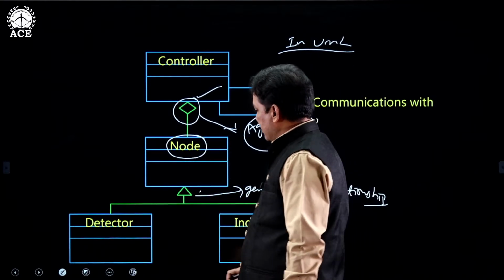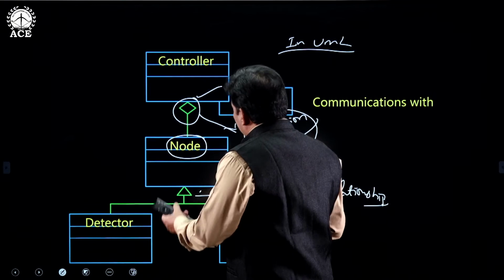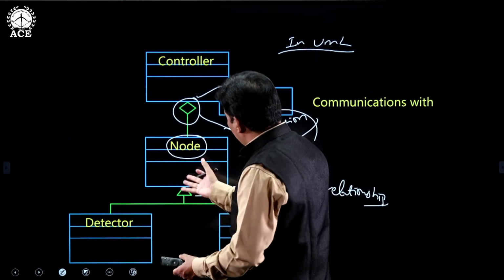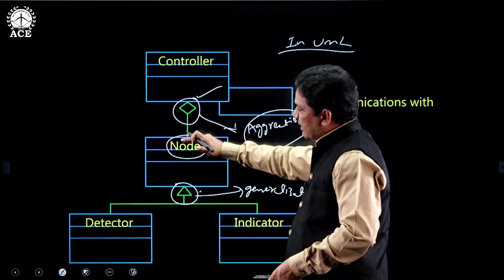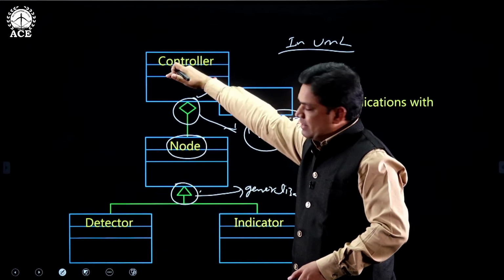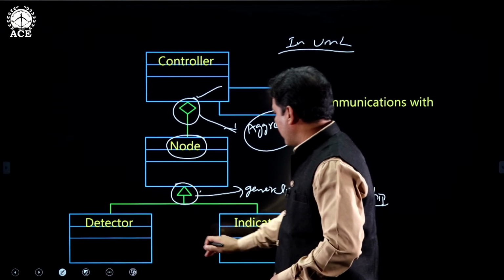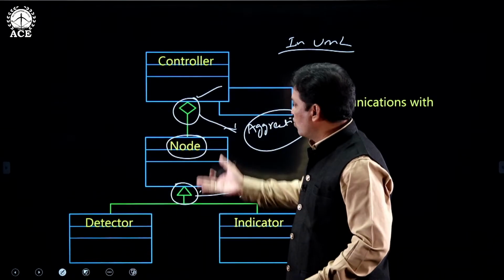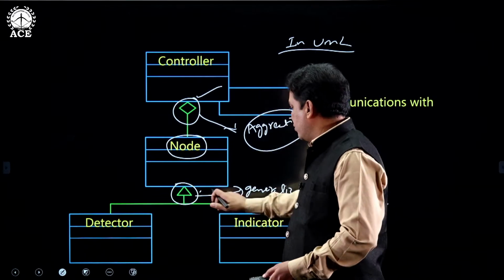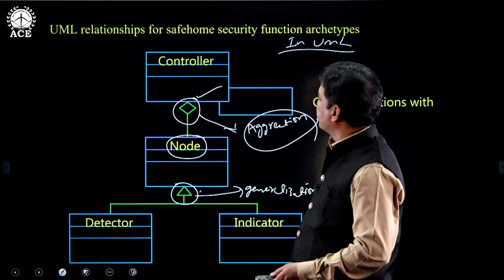Node is a parent, and detector and indicator are child classes. So the child can act as a parent and can communicate with the controller class. Here the children are detector and indicator, whereas node is the parent. That's why we used the generalization relationship here.